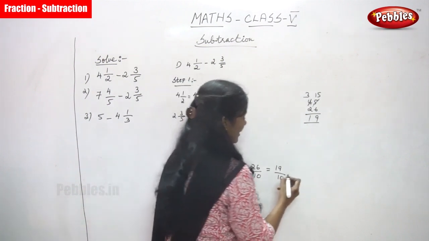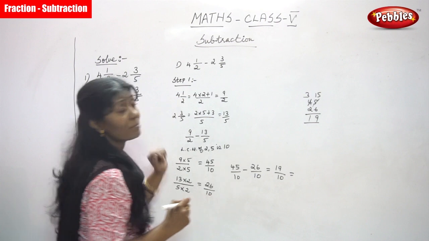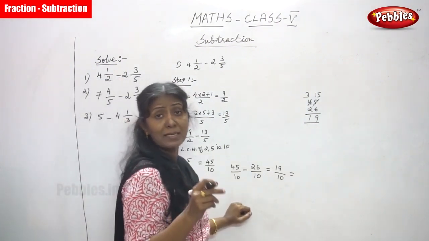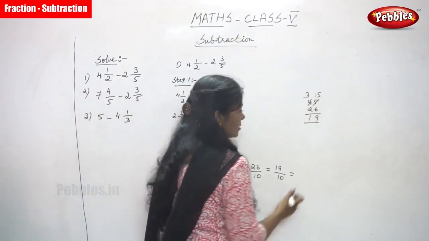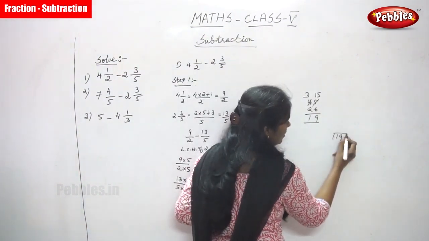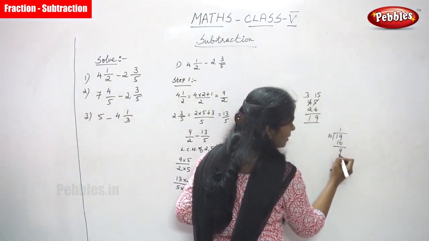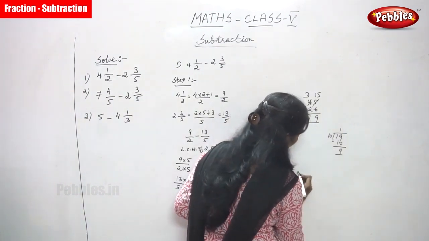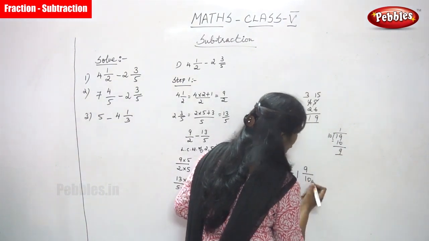The answer should be a mixed fraction only, because the question is in mixed fractions. So 19 by 10: 19 is divided by 10. 1 times 10 is 10, and the remainder is 19 minus 10, which is 9. So 1 is the whole number, 9 is the numerator and 10 is the denominator.